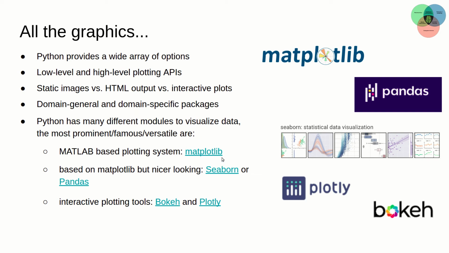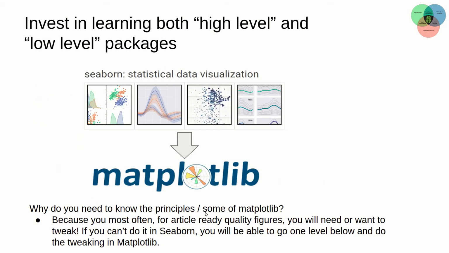One of them is matplotlib, which is a fairly low-level one, and it is based on the MATLAB image plotting system, which I'm sure many of you have worked with. Based on matplotlib, but slightly higher level and thus slightly nicer looking, are Seaborn and Pandas, and then there are interactive plotting tools too, such as Bokeh and Plotly.